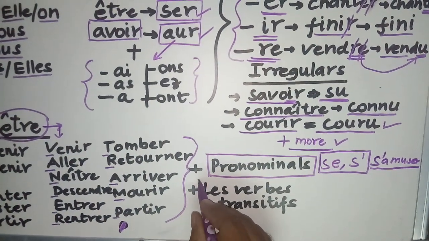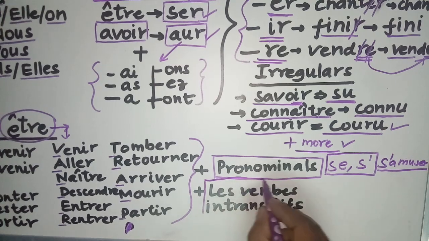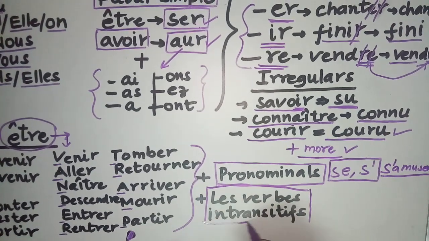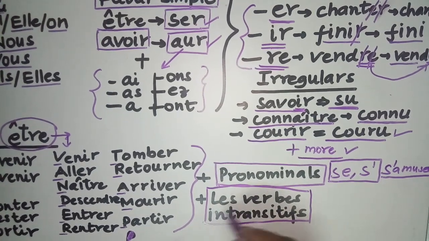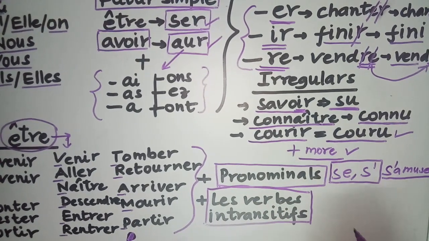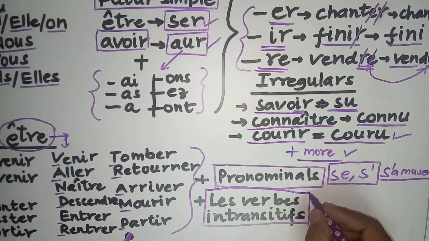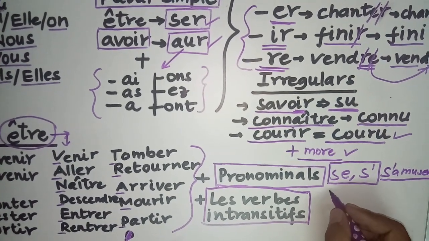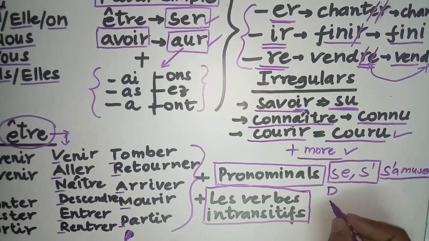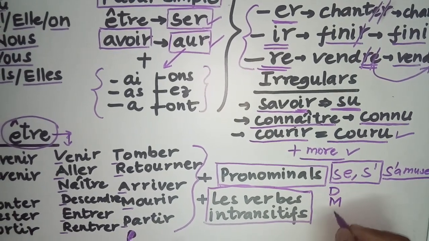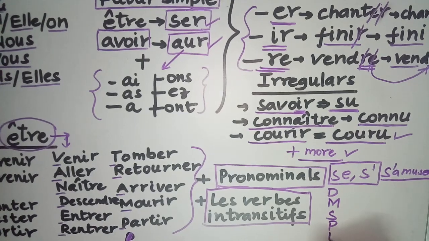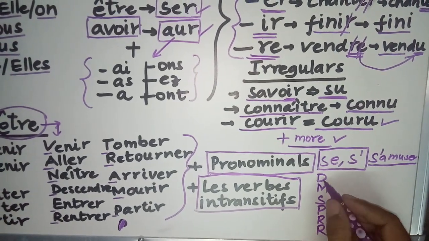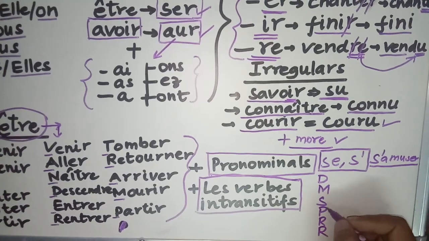The third thing I have written about is les verbes intransitifs, which is for the intransitive verbs. The intransitive verbs, in short, you can find out. I derived a formula like DM and SP, who roam around every night. So DM, district magistrate, and SP, superintendent of police.